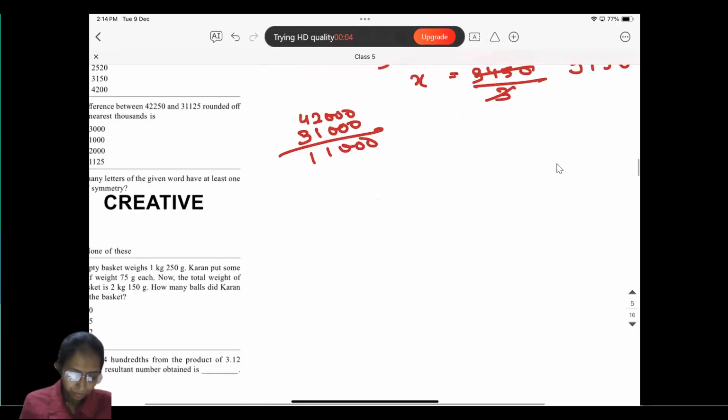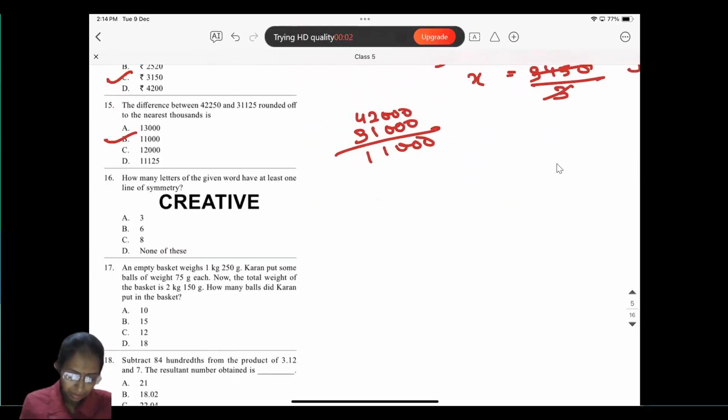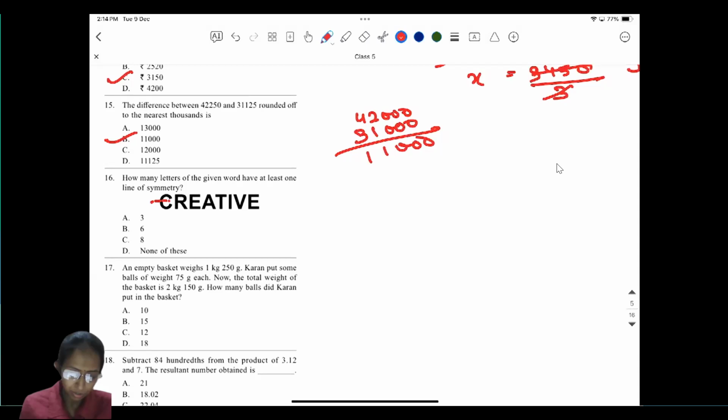Next one, how many letters of the given word have at least one line of symmetry? So we need to find the letters with one line of symmetry. We can see that C is having one line of symmetry. R is not having any symmetry. E is again having one line of symmetry. A is again having one line of symmetry.